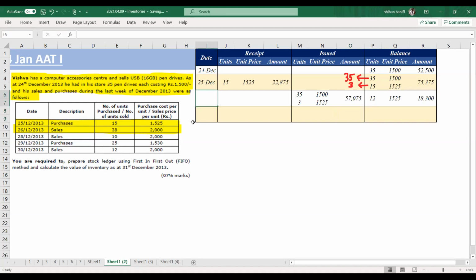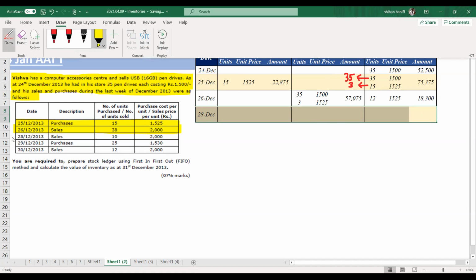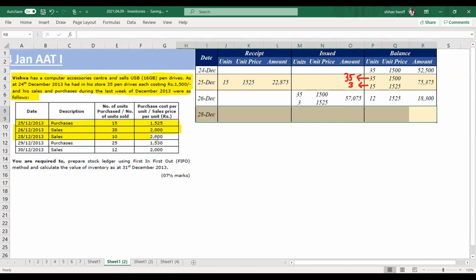Okay, this is 26th. 28th December, there is another sale. Sale of 10 units at 2000.